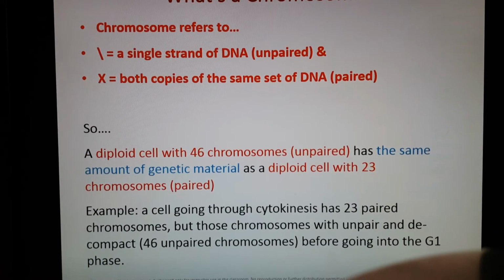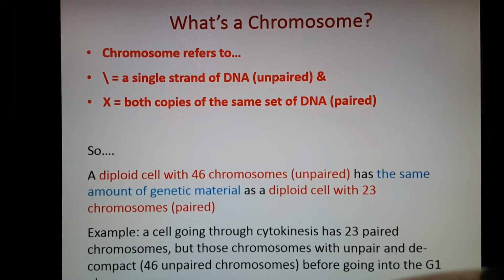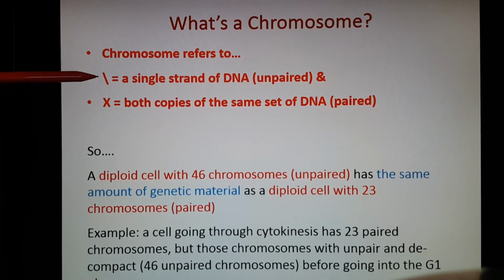Okay, so as you're looking at your different terminology, unfortunately, when the chromosomes were named, whether they were single-stranded or double-stranded, they still have the title of being a chromosome. So a chromosome could be a single-stranded, unpaired strand of DNA or a double-stranded pairing of DNA.